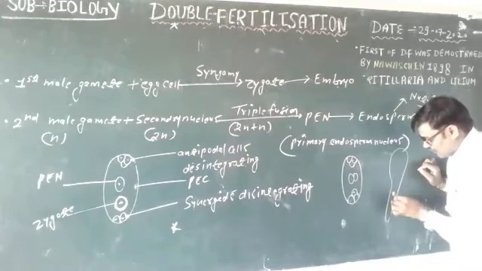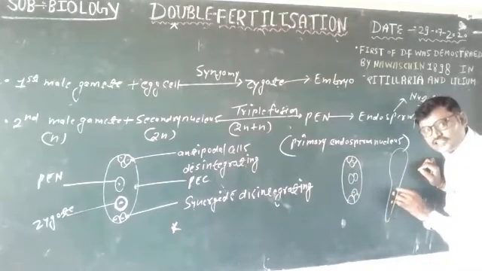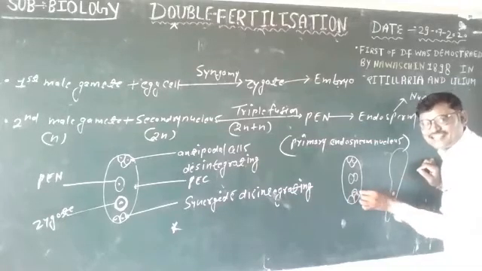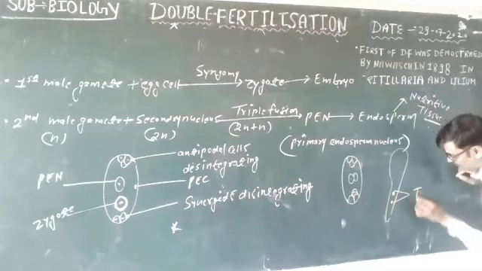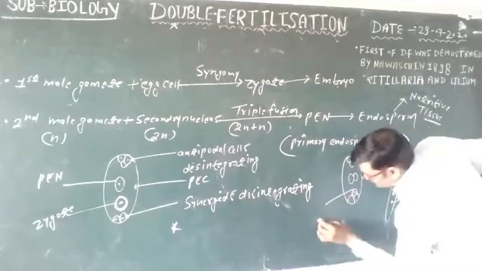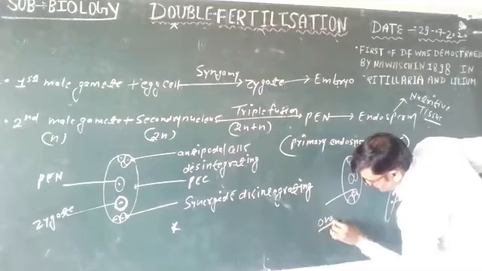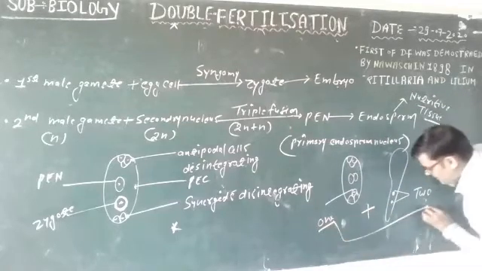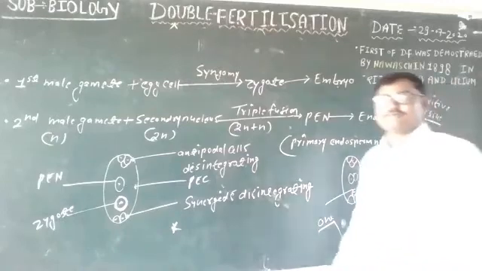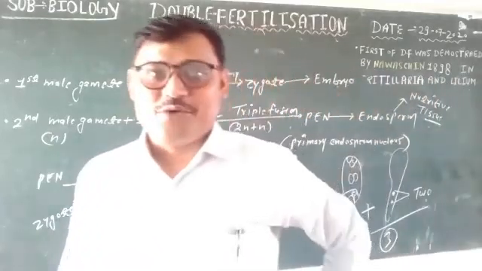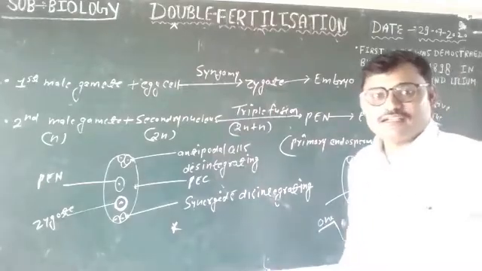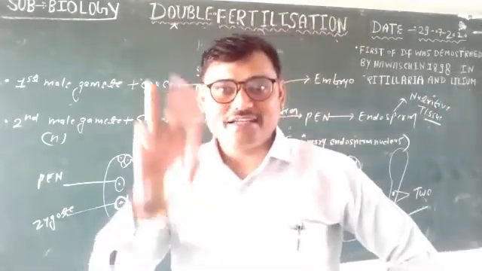These are the 2 non-motile male gametes, and this is the 1 female gamete, that means the egg. This is 2 and 1 in the embryo sac. That means the total number of gametes involved in double fertilization is 3. This is very important.